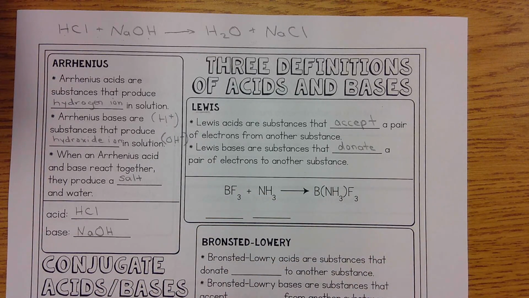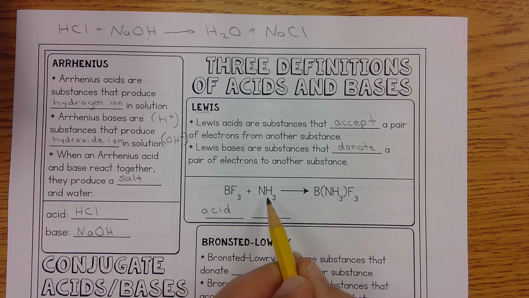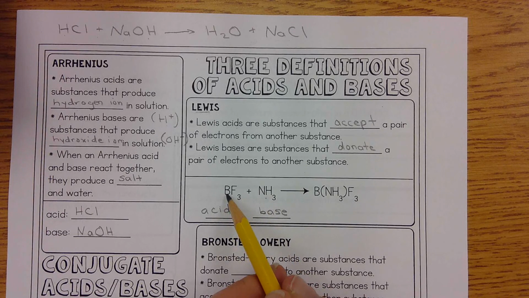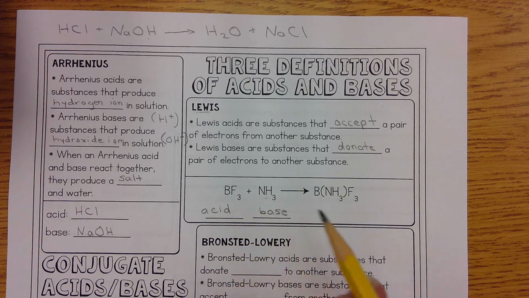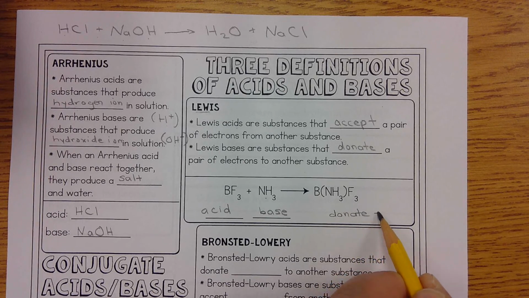So you have the acid, like in this example, barium fluoride, and the base, ammonia. And what happens here is this base will donate a pair of electrons to the acid, and donated electrons equals a bond is formed, right?